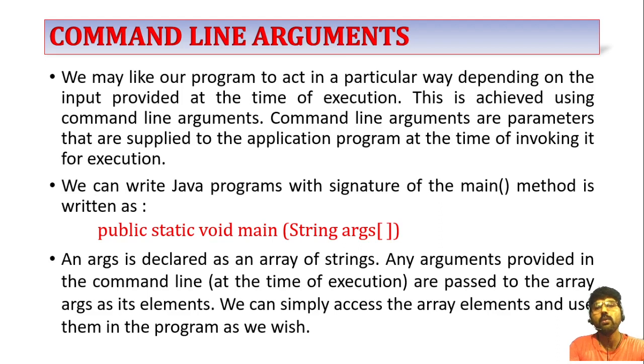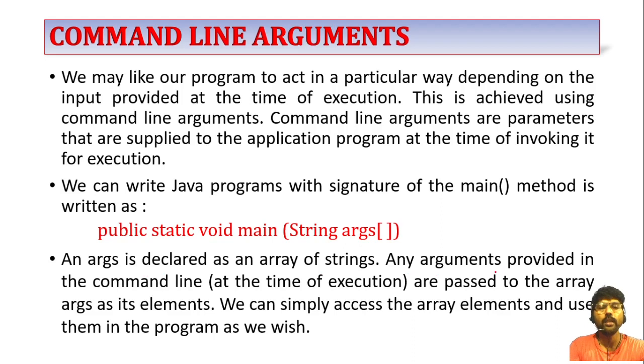We can create command line arguments by passing some parameter to the main function. This is the actual way of writing your main method, where you are using String args. Now this String args is nothing but an array of strings which will accept the parameters from the command line. args is declared as an array of strings.